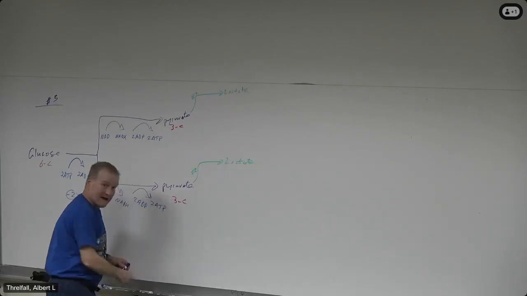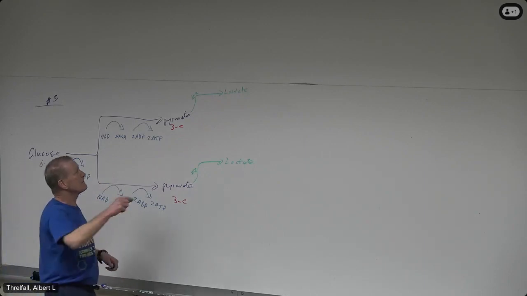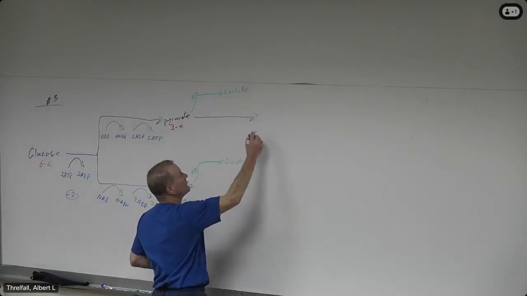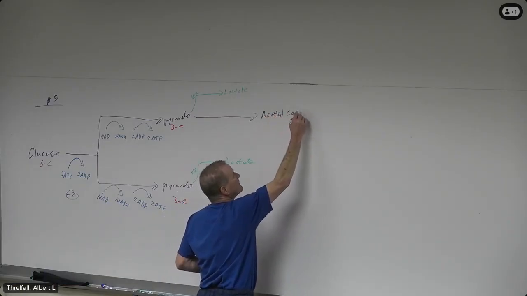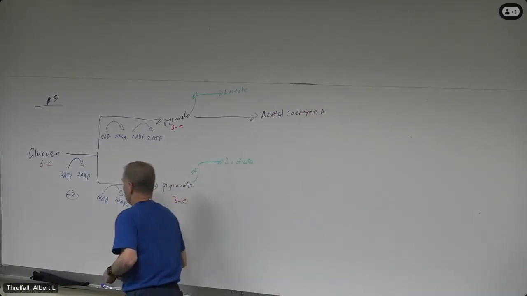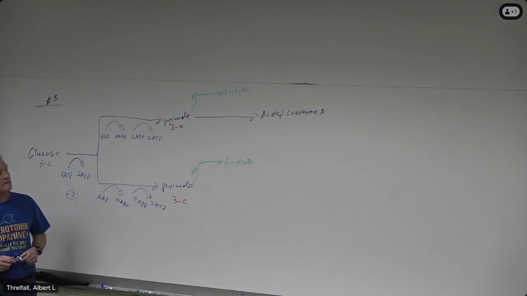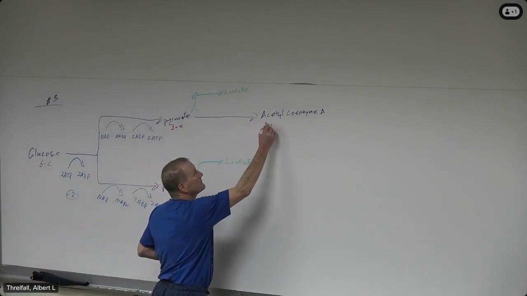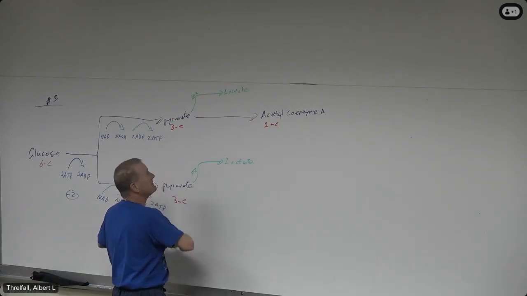But what we're doing today in energy system number 3, so sticking with purple for number 3, we're converting the pyruvate to acetyl coenzyme A. Acetyl is a 2-carbon molecule. So a molecule of carbon dioxide is given off.